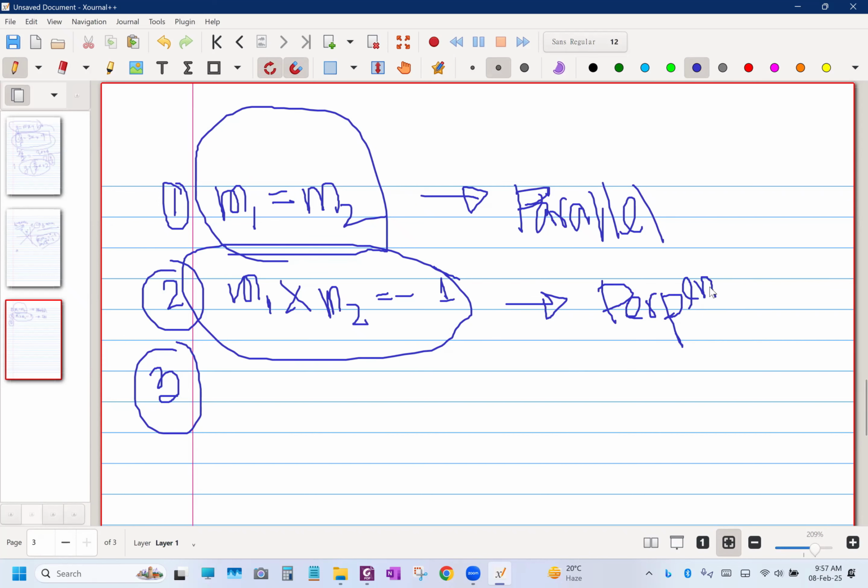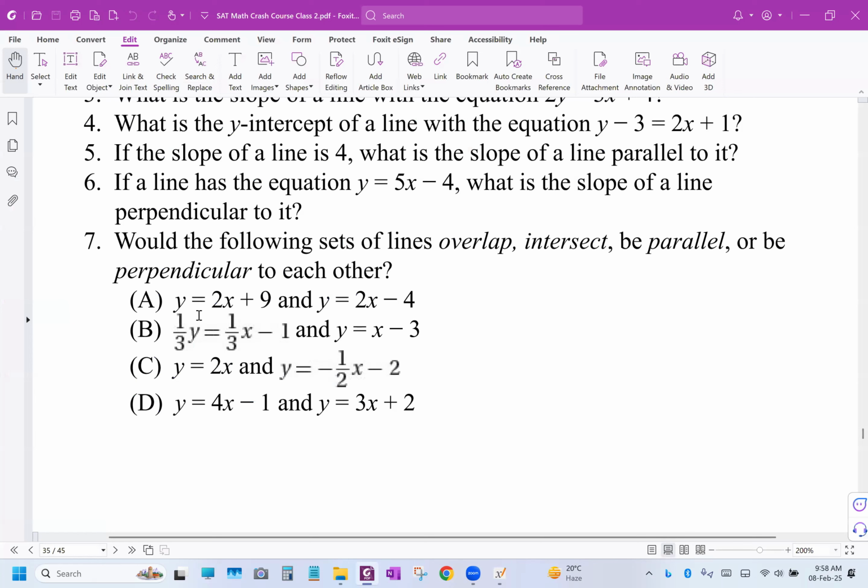Perpendicular. I'm writing it short. Look at this mathematical problem: y equals 2x plus 9 and y equals 2x minus 4. Basically, they both have the same slope, so they are parallel. Am I right or wrong? Yeah, they are parallel.